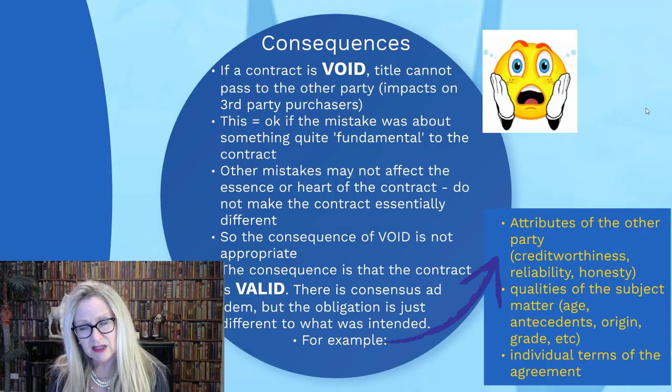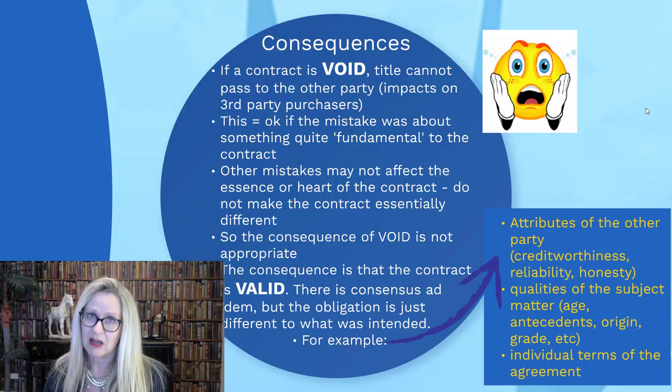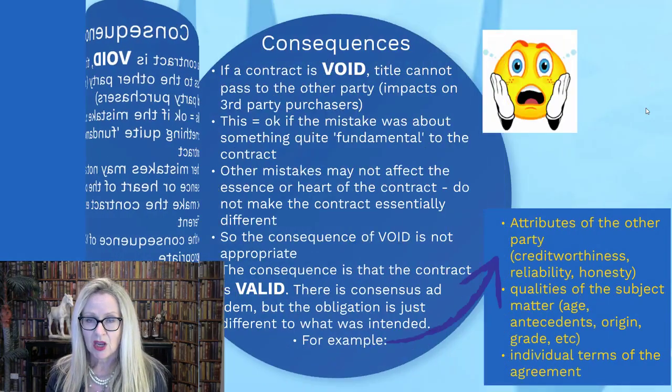So because title has never passed to the rogue and never passed to the ultimate purchaser, that ultimate purchaser, even though they might be probably more innocent, loses out, and the original owner actually gets to keep their goods that they thought they sold to the rogue.